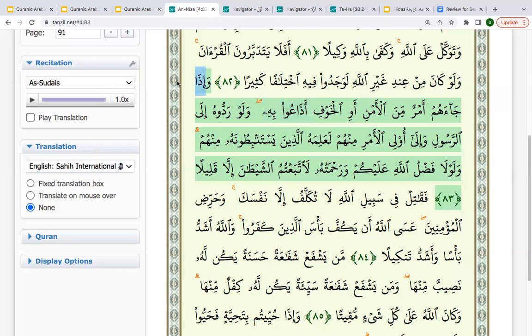Then, when it comes to the status, this is nasb. Usually when we see zarf, we label it mutalik bil. Remember in the beginning I started doing it: if you see a zarf in jumla ismiya, you call it mutalik bil khabar. If you see it in jumla failiya, you call it mutalik bil fail or maful fihi. So if I have to connect this and this, they are already connected.